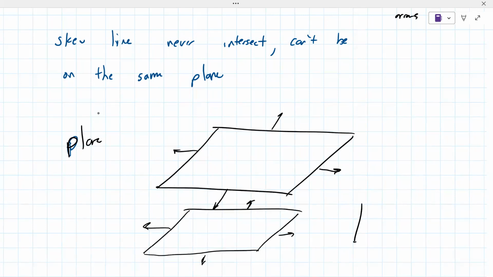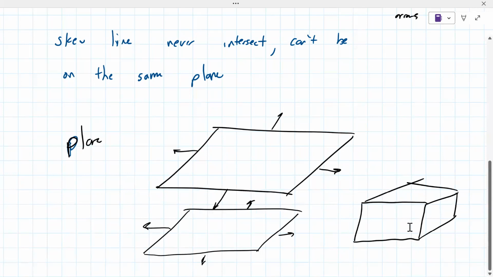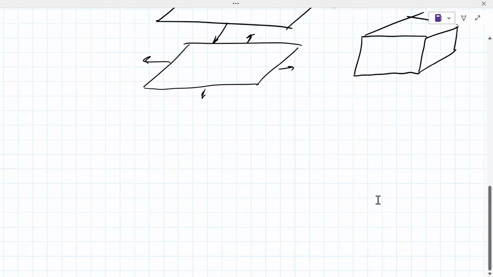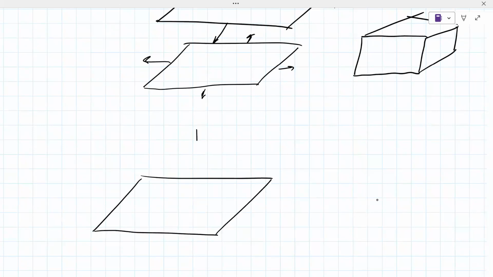So that's why they typically draw a box. Like the front face and the rear face, the front and then the one in the back that you can't see, they're parallel because they never intersect. They're kind of like the room, whatever room you're in, the walls or the ceiling or the floor. So planes, when they do intersect, they intersect in a line typically.